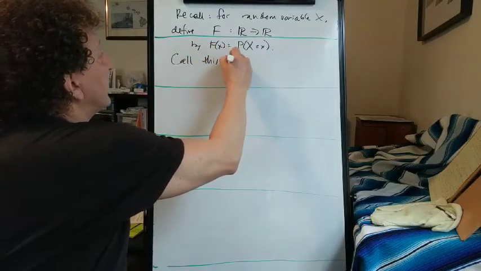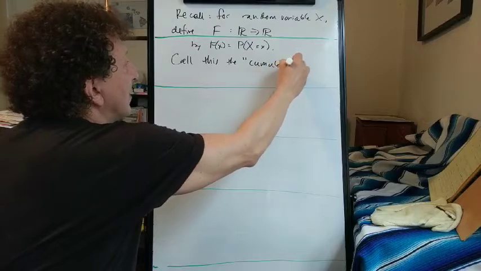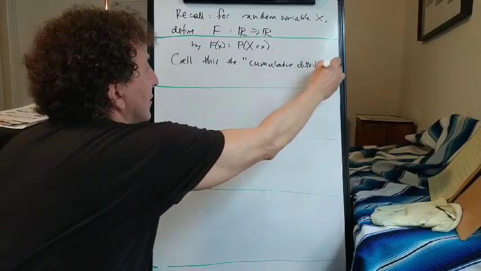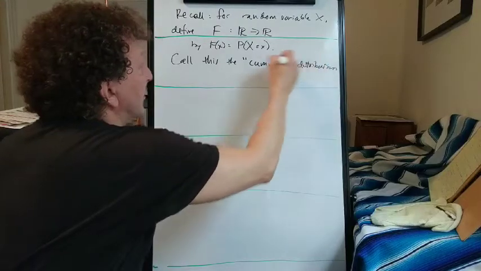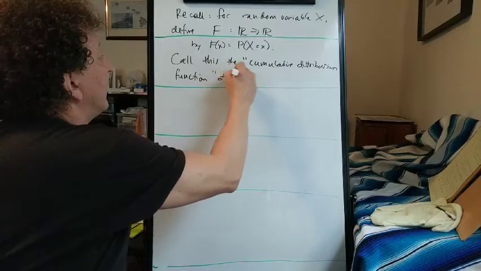And we call this the cumulative distribution function of X.